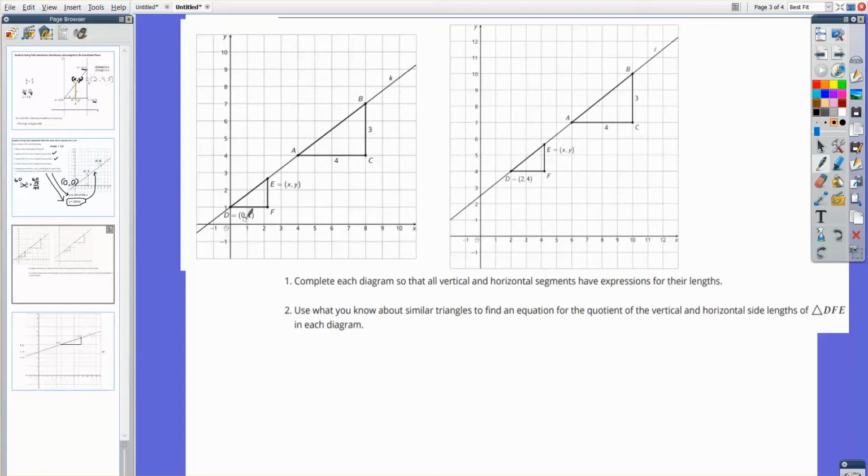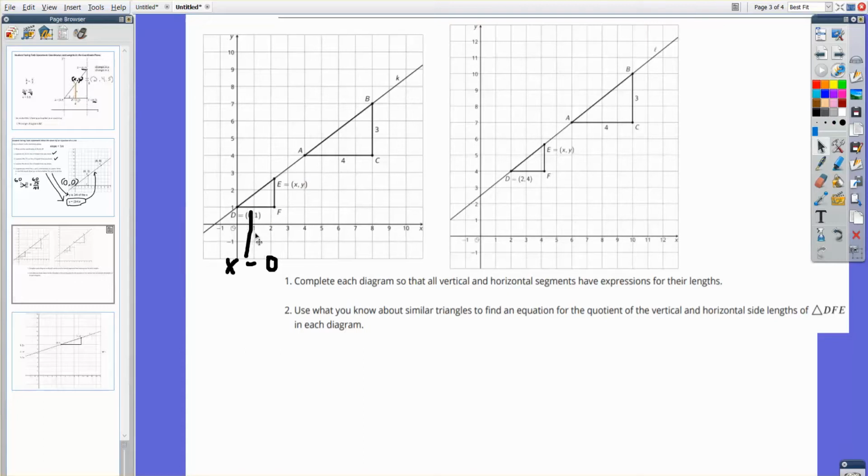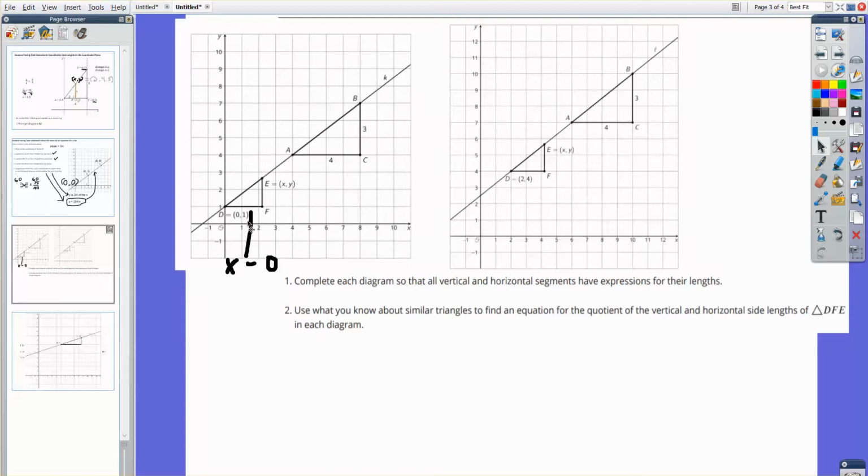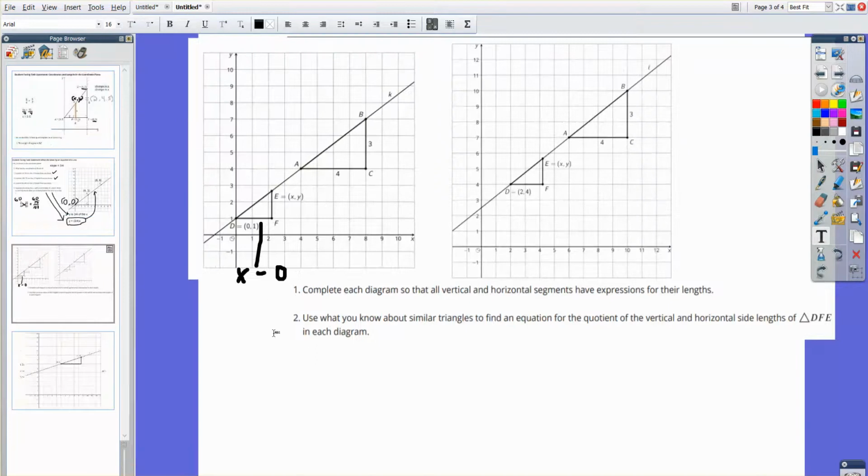So I would write x minus 0, whatever x happens to be, which is counterintuitive if you understand identity properties. Subtracting 0 doesn't do anything, right? So really, I could just say that the length of DF is x. Let's write that out as a note down here: DF equals x, whatever the length of DF is equal to that coordinate of x.